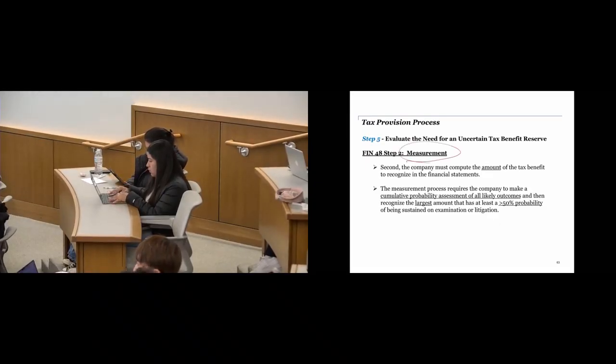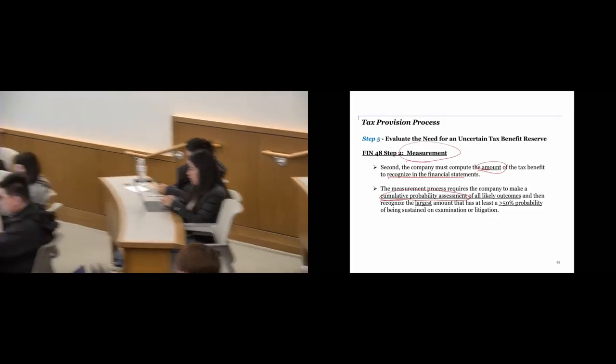Now I must compute the amount of the tax benefit to recognize in the financial statement. So now it's not whether I record something, it's how much. The measurement process requires the company to make a cumulative probability assessment of all likely outcomes and then recognize the largest amount that has at least a greater than 50% probability of being sustained on examination or litigation.